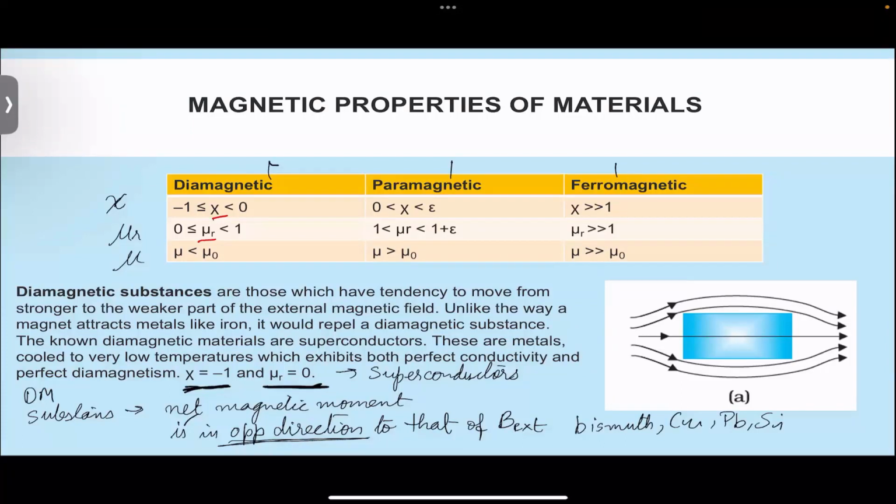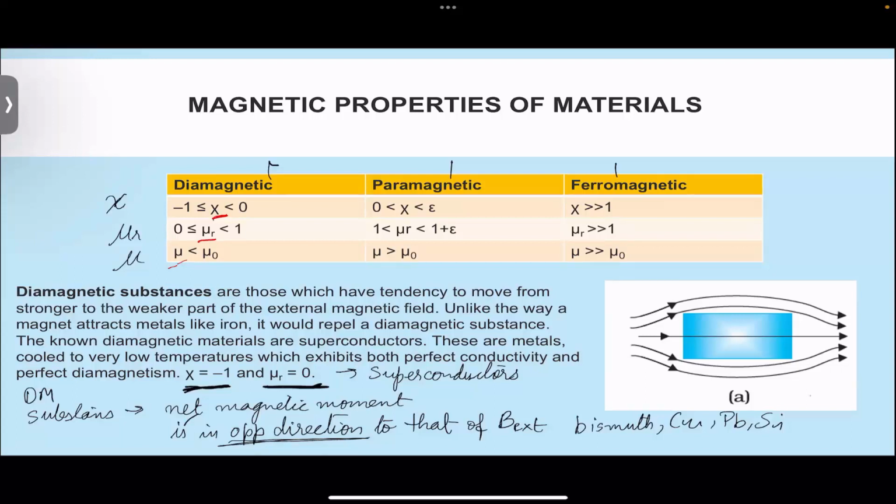You can see that the magnetic susceptibility is in the negative region, and the relative permeability and the permeability of the material itself have much lower values. A bar magnet made up of a diamagnetic material will not attract, it will repel the diamagnetic substances.